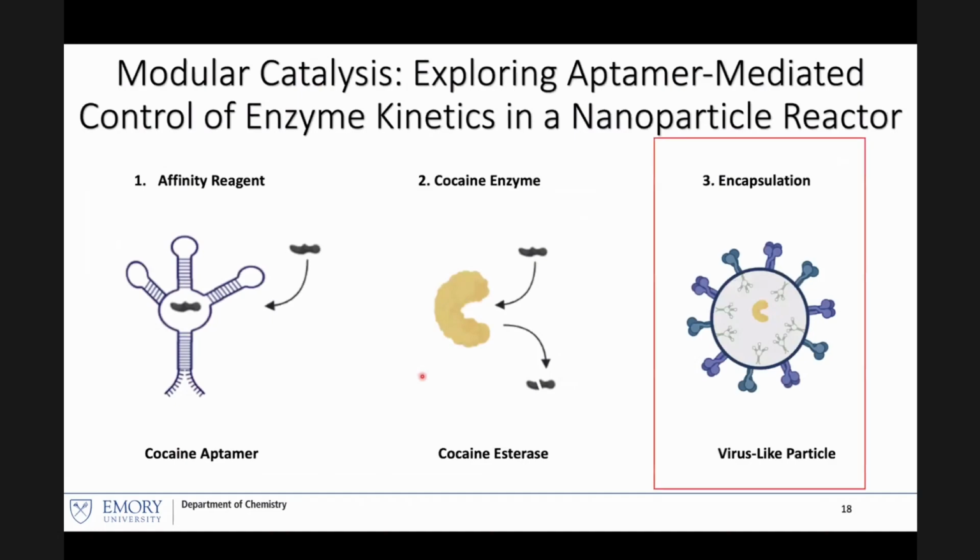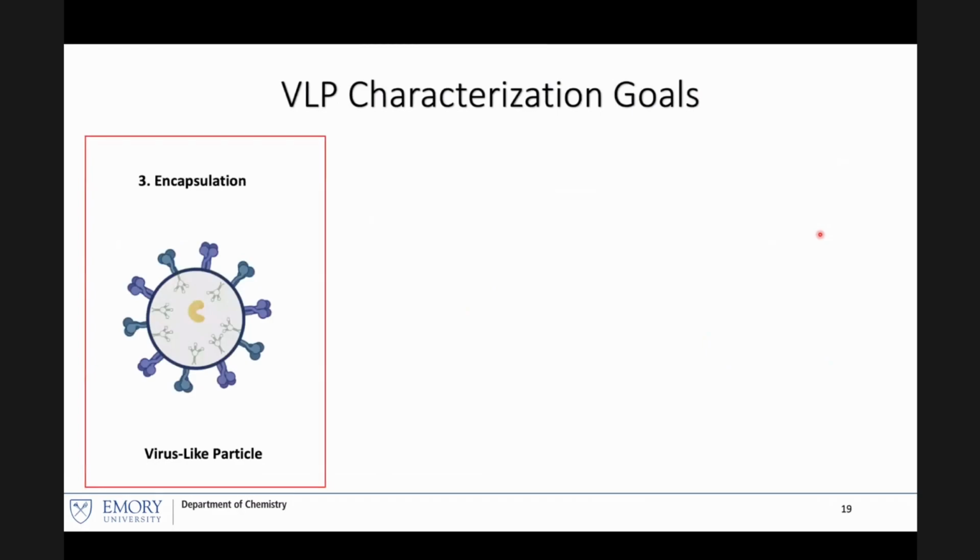And so lastly, we now get to the fun part. We did all of this work for about 3 years. And finally, in my last year at Emory, we finally had these co-encapsulated virus-like particles. And we were like, okay, let's see what it looks like now. I want to note really quickly, a virus-like particle is just the virus shell. You take a virus, in this case, a bacteriophage. A bacteriophage is a virus-like agent that instead of infecting humans, for the most part, infects bacteria.